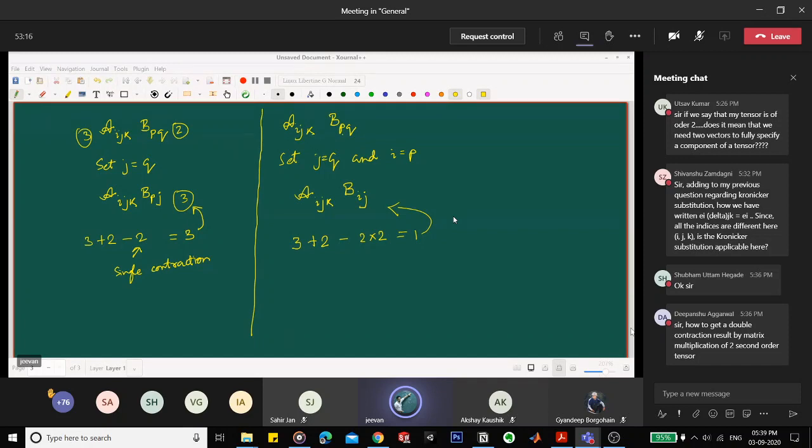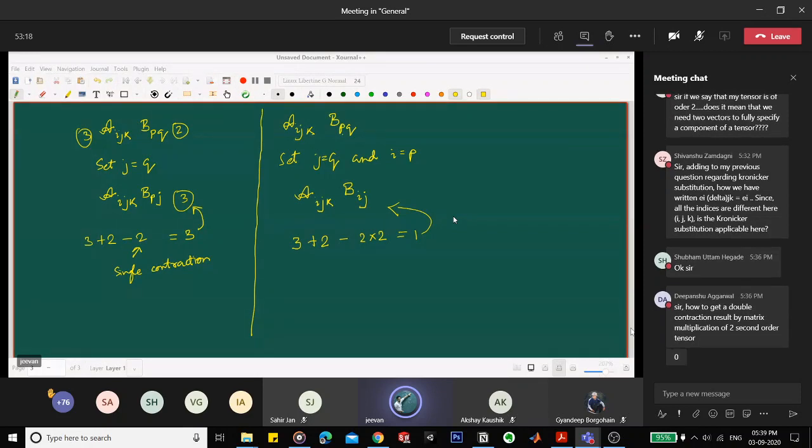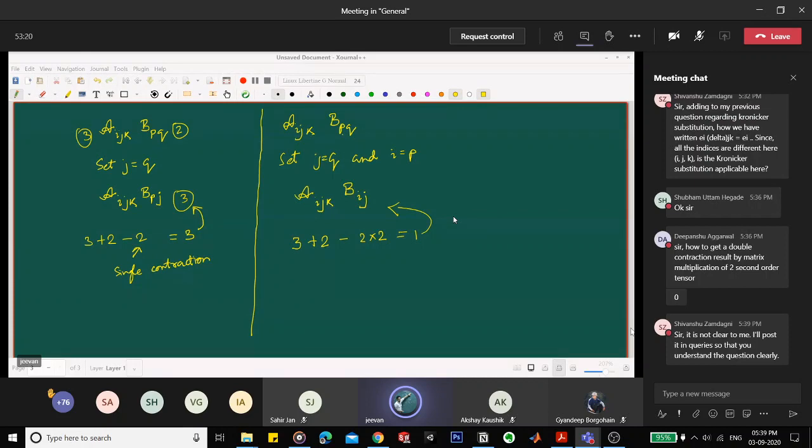So it will be 2 plus 2 minus what? Yes, very correct, 0. So what is a tensor of order 0? It's basically a scalar. So what can you do with two 3 into 3 matrices such that you end up with a single thing?